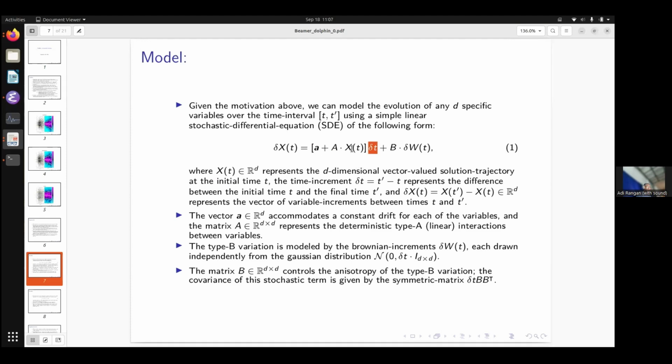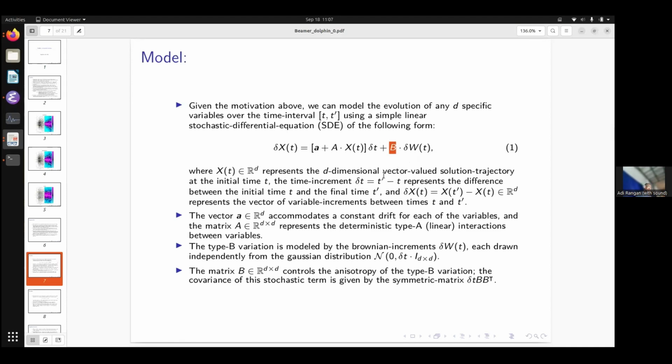This is the change that is directly related to the previous measurement of the variables. And there's also some kind of a stochastic component here, right? There's going to be some kind of variation due to all the unobserved stuff that looks like noise. And what is capital B here? Capital B allows for the stochastic drive to be correlated between variables.